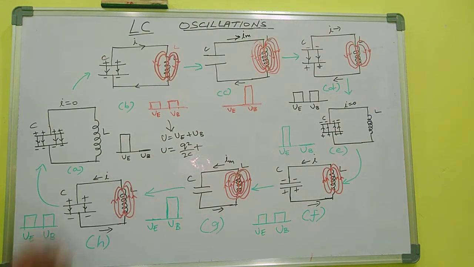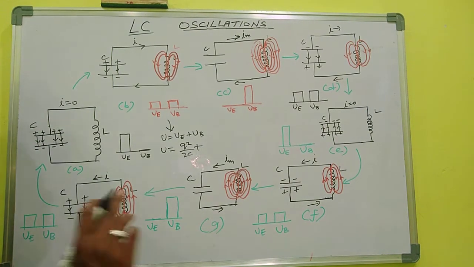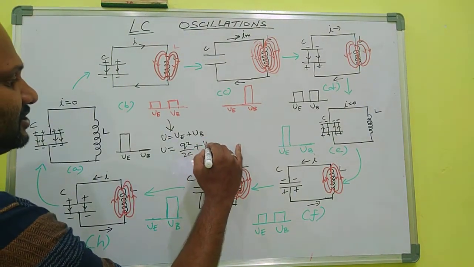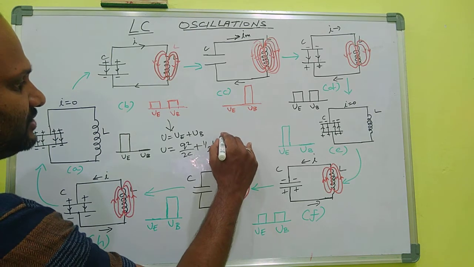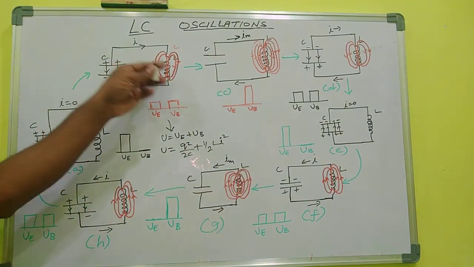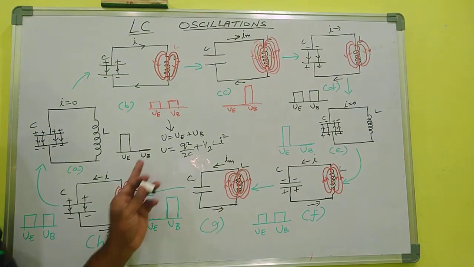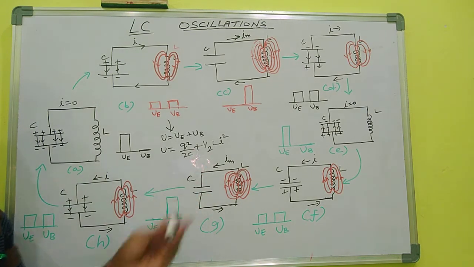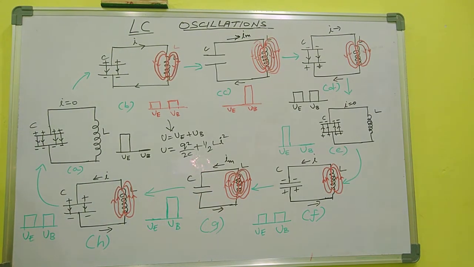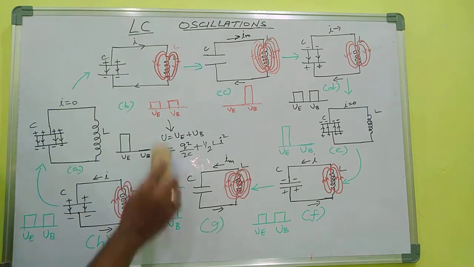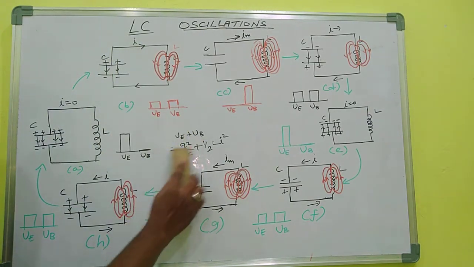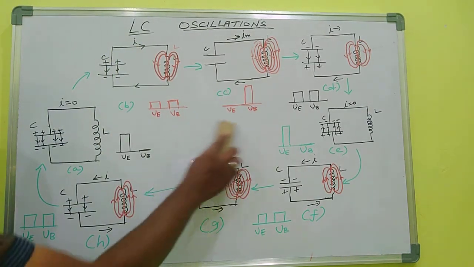So we are using small q. UB is the magnetic potential energy, that is half L I square, because the current flowing through the circuit is I. So this is the expression for the second step. Here two energies are present. The total energy is the sum of the two. Don't forget this. This is one of the important things.